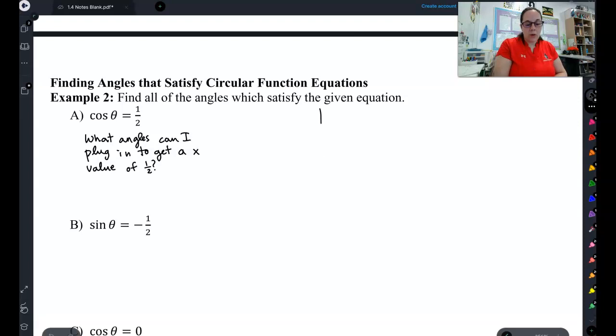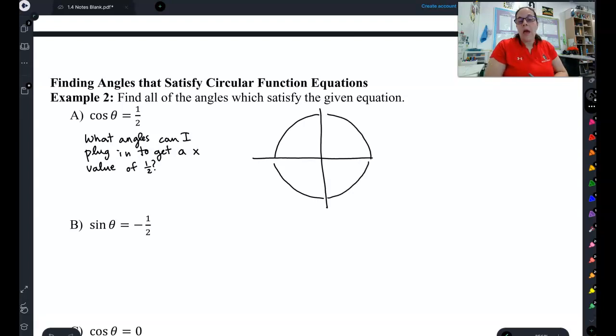So I'm going to think of my unit circle here. Here's my unit circle. And I'm trying to think of where on this unit circle the x value, or the cosine value, is a positive 1/2. So we want the x side of the triangle to be the shorter side of the triangle, 1/2.